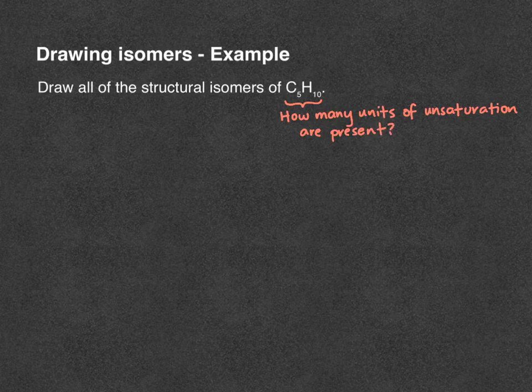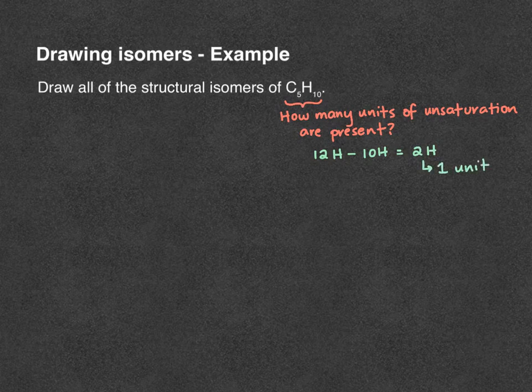So a 5-carbon alkane should have 12 hydrogens. Here we have 10. So 12 hydrogens minus 10 hydrogens equals 2 hydrogens. This corresponds to 1 unit of unsaturation, and that's equivalent to either 1 double bond or 1 ring.